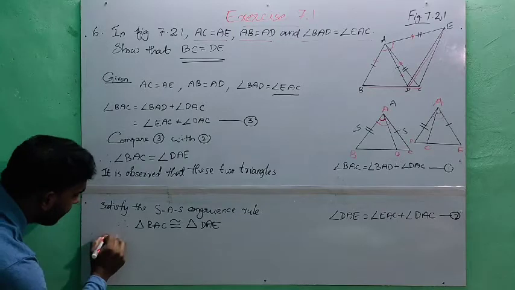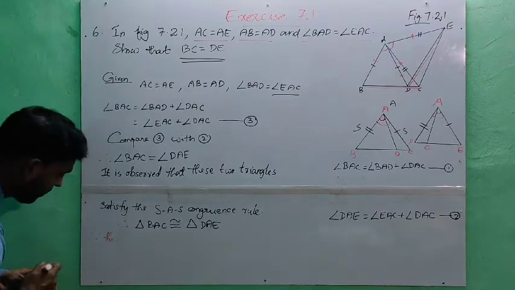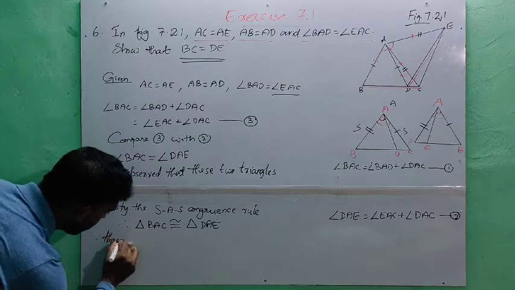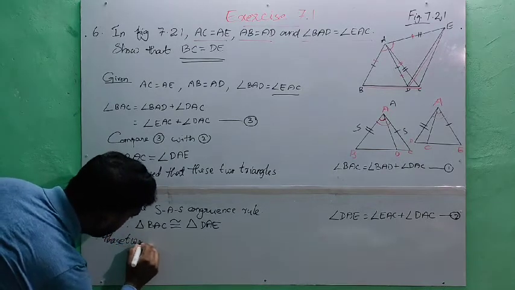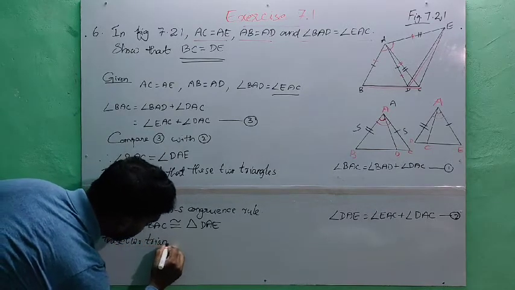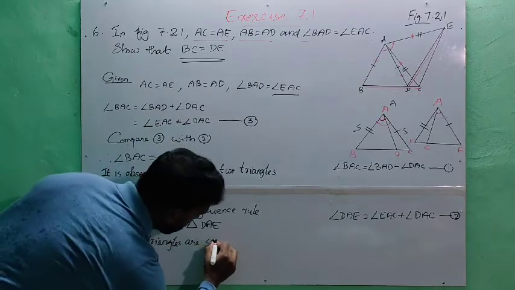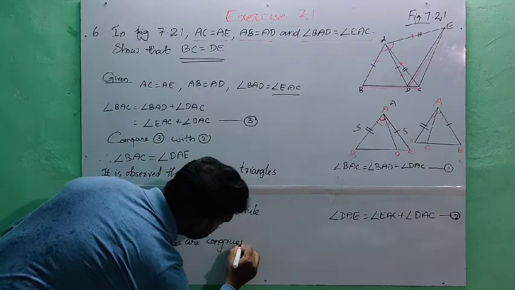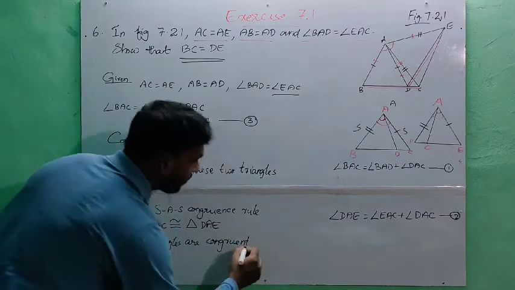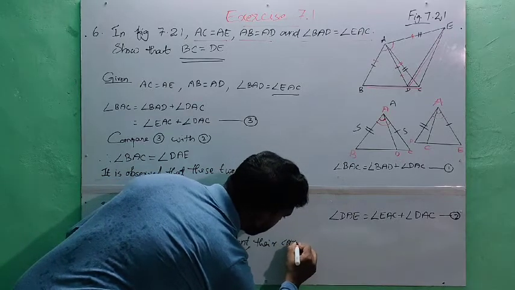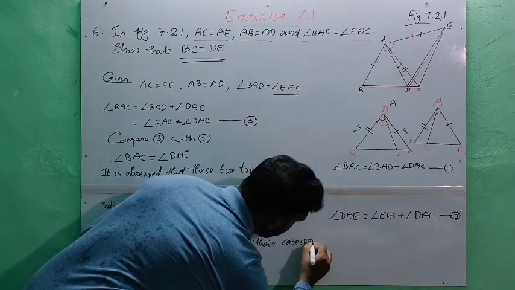So we can say, since these two triangles are congruent, their corresponding sides are equal.